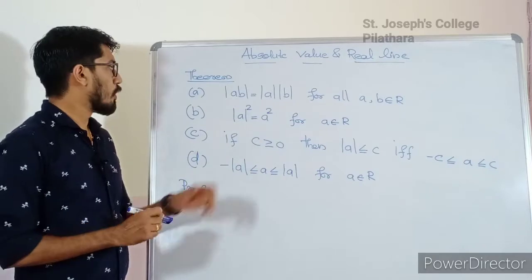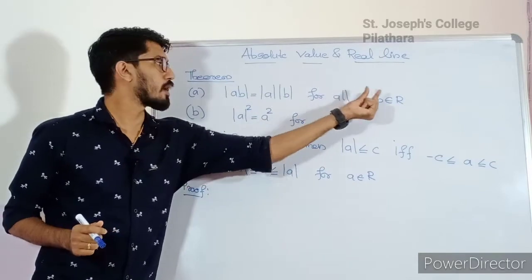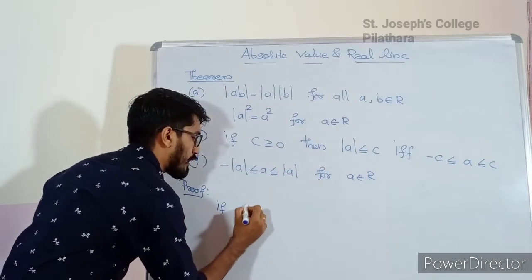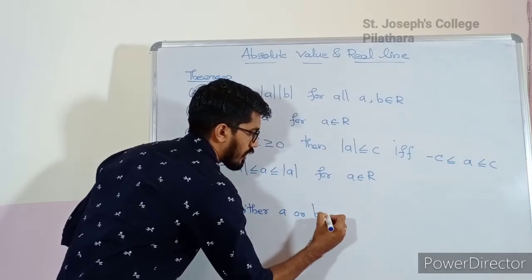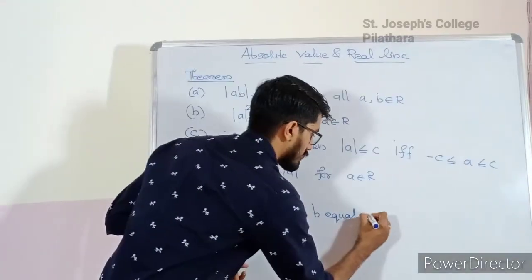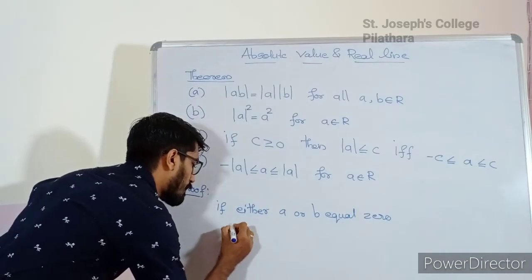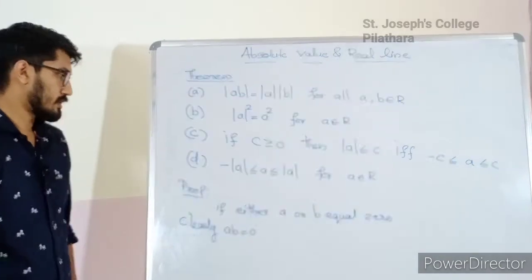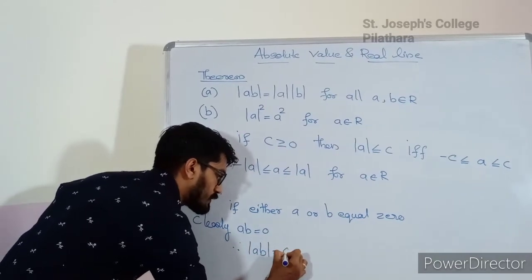First we want to prove that modulus of AB is equal to mod A into mod B for all A, B belongs to R. Okay. If either A or B equal to 0, clearly AB equal to 0. Therefore, modulus of AB is equal to 0 by definition.